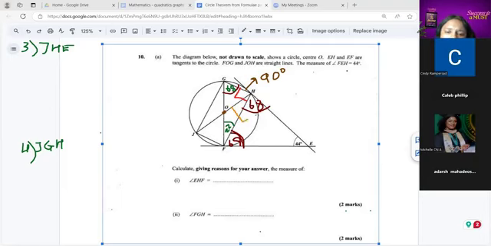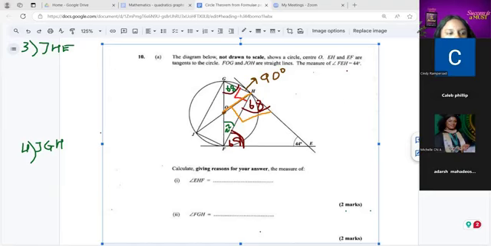How do I know that is 90 degrees? Again, remember they said that EH is one of the tangents. So EH is a tangent, and from O to H is a radius. And each line drawn from the center of the circle touching the circle is a radius.